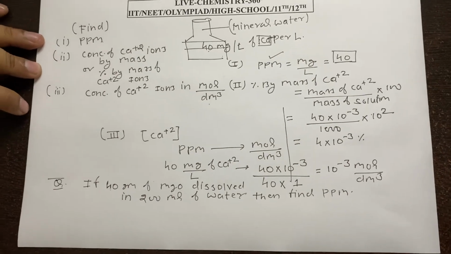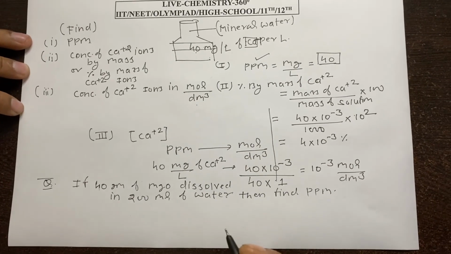So in this case, the volume of water is given and the density of water is considered as 1 gram per ml.